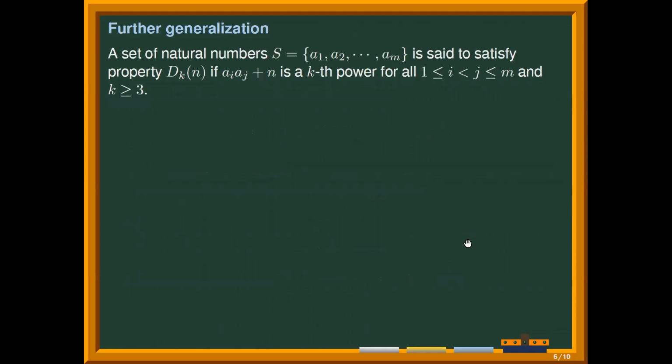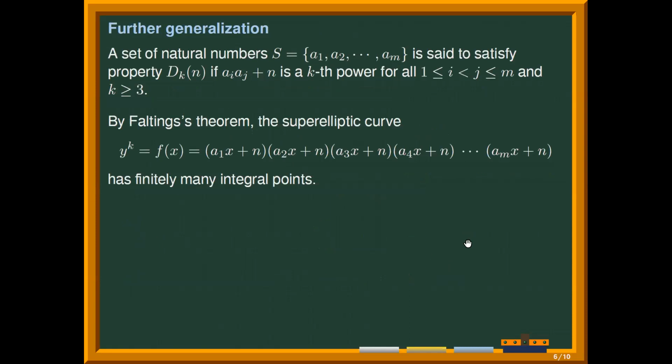And you can also consider further generalization. Namely, a set of natural numbers S, which runs from A1 to AM, is said to satisfy the property D_k(n) if the product of two distinct numbers plus n is a kth power for any distinct i and j, and k is greater than or equal to 3. In this case, it is related to the superelliptic curve.